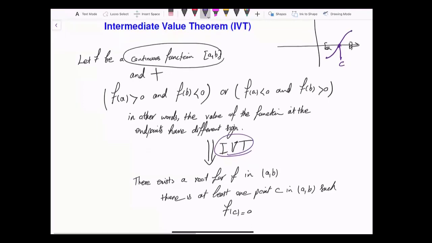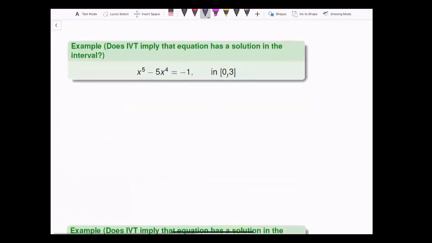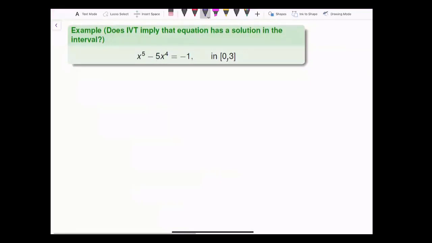Well, this is an interesting result because we can use it to show that some equations have a solution. How do I go from the equation to a function? Because intermediate value theorem was about functions, and now you give me an equation. Well, this is how you do it. Make a function out of this equation.